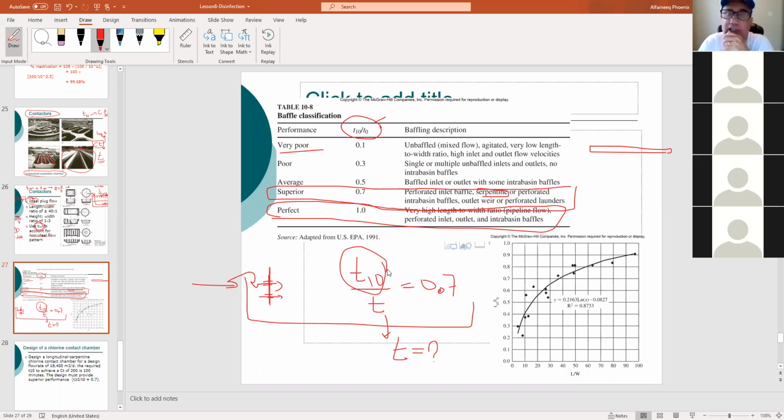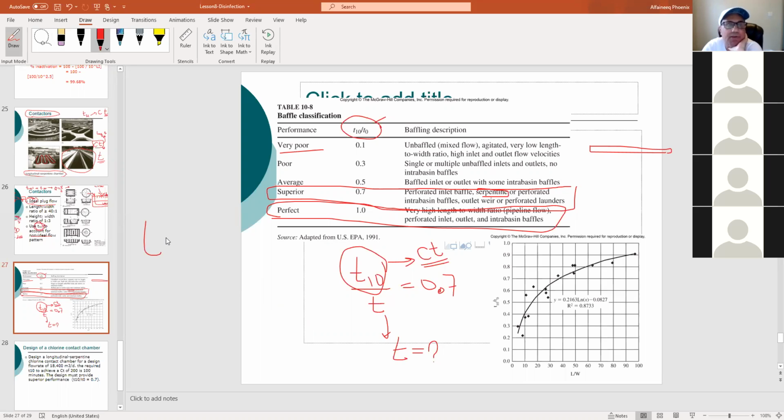Tracer recommendation. This depends on CT, okay? In other words, this is a number that must be known for you to be able to do the design itself, right? Once you know this one, things get easier. If you know this number, then you calculate T, right?